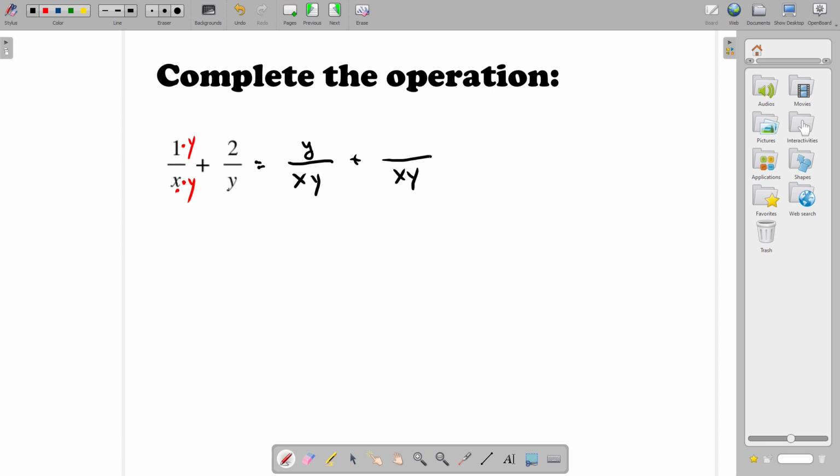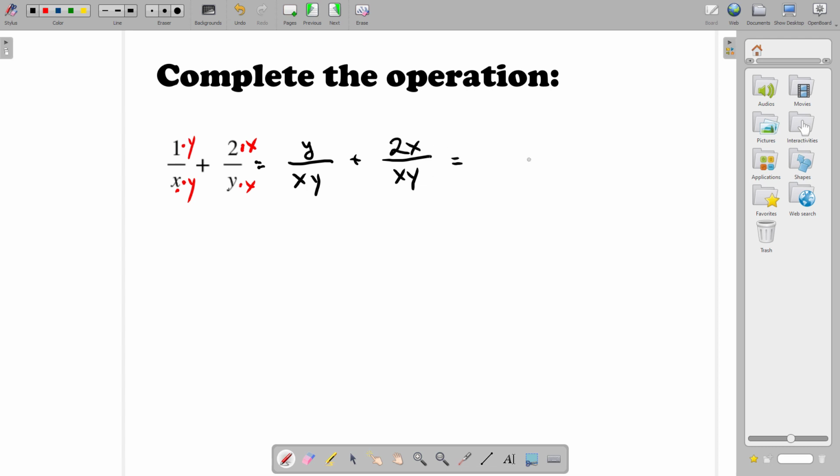For the second fraction, we need to look at what did we do to y to turn it into xy. Well, we multiplied by x. If we do that on the bottom of the fraction, we must do that on the top of the fraction. And so we get 2x.